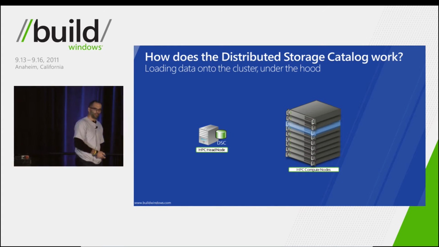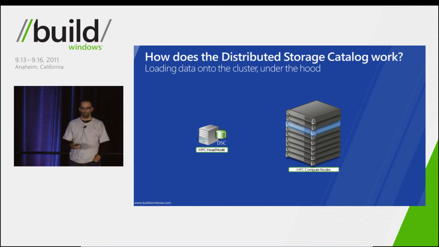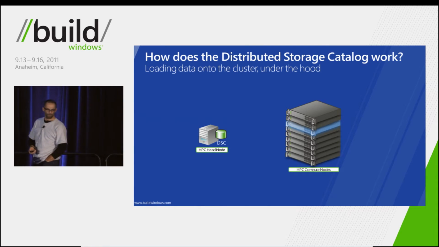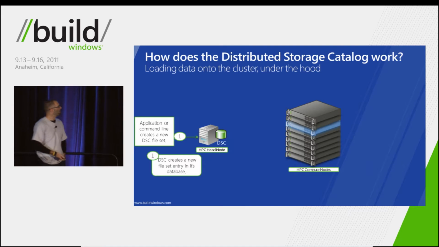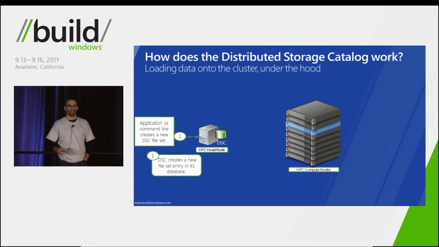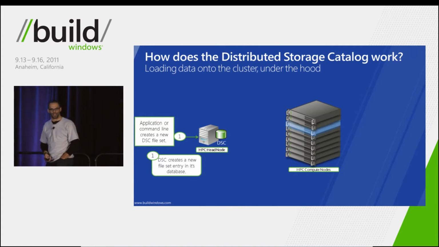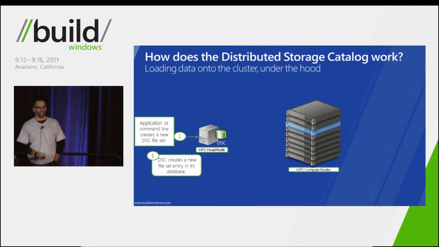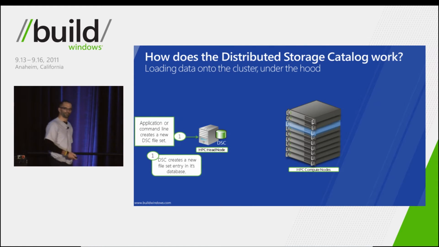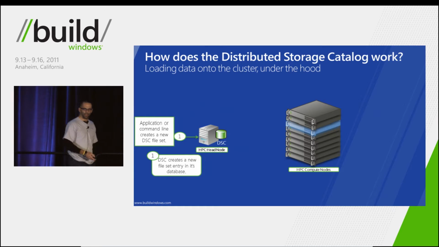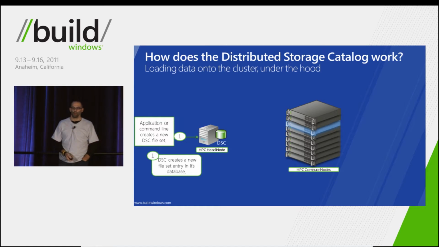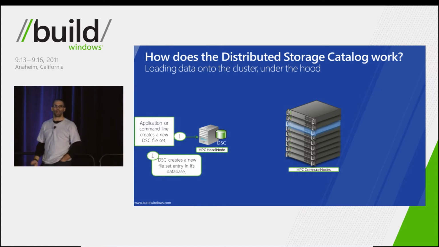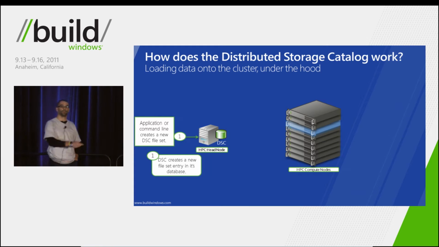So how does the distributed storage catalog work? And we'll be seeing this in one of the demos in a little bit. So essentially, I have an application or a command line, and I'm going to create a new DSC file set. And all a DSC file set is, is a collection of files, right? So I'm actually going to point it at a directory, say, on my local disk and say, I would like you to turn all these files into a file set in DSC.